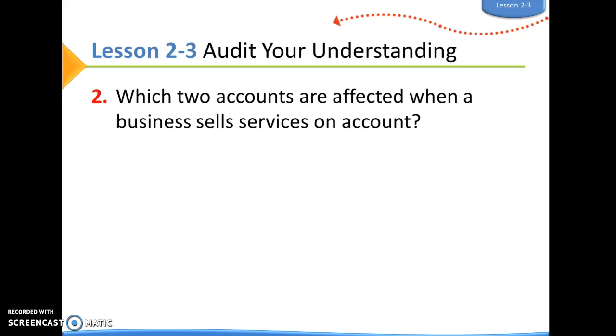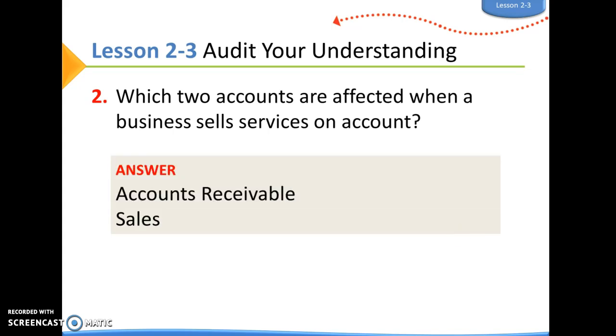Colton. Owner's equity and accounts receivable. Owner's equity isn't an account. It's a classification. Capital is that. Nope. What's a sell? Sell services. Sales and accounts receivable. Okay, so sales is affected there.